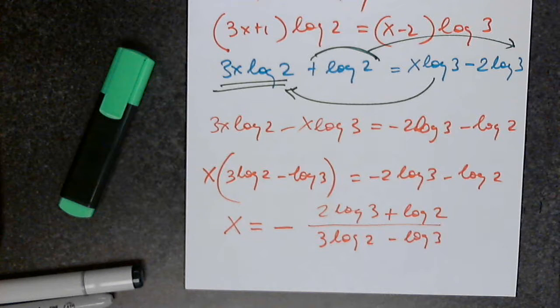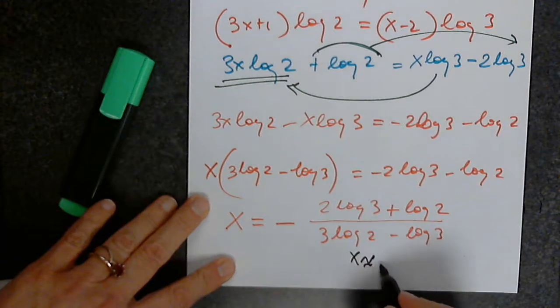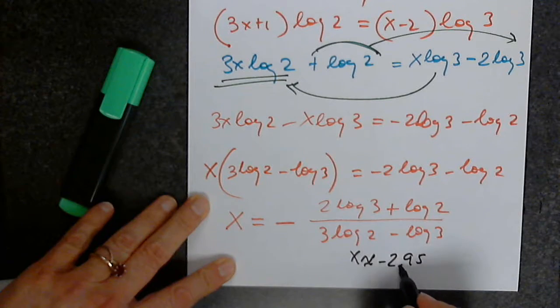Close the parenthesis for 2 and close the parenthesis for the top. And divide by parentheses for the denominator: 3 log 2, close the parenthesis, minus log 3. Close the parenthesis for 3 and close the parenthesis for the denominator. And you will get negative 2.94. So approximately x is negative 2.95.